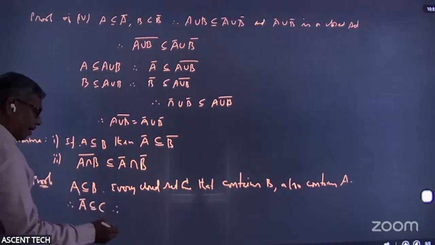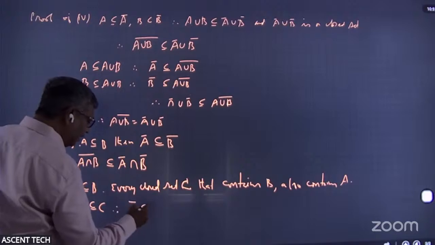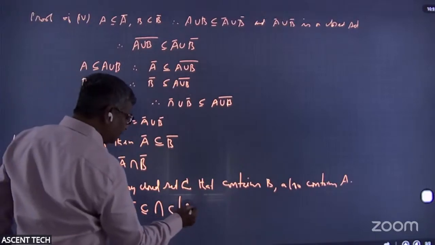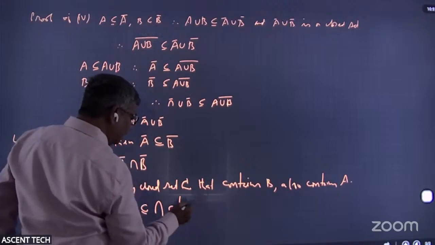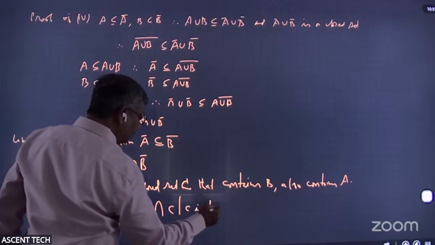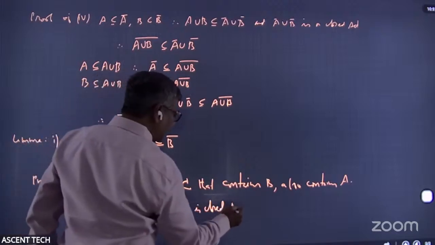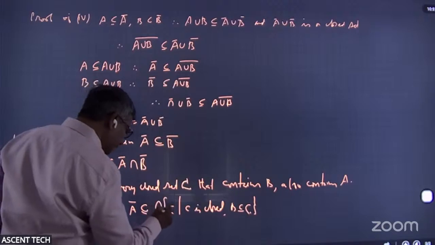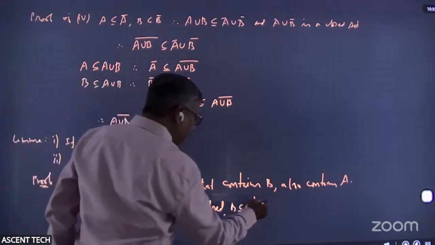Therefore, A bar is contained in the intersection of all C, where C is a closed set that contains B, and that is your B bar.